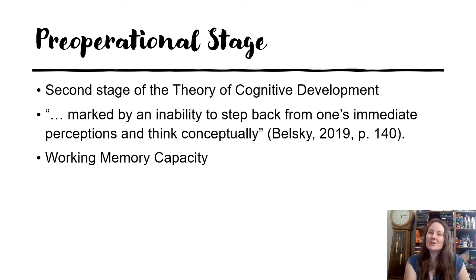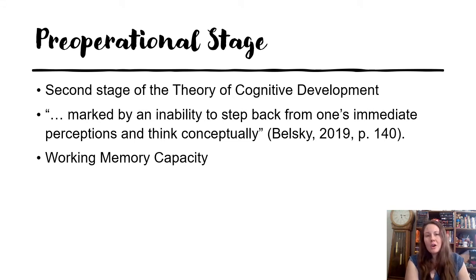So typically adults, at least in the United States, have about 7 slots in their working memory, plus or minus 2. So the typical working memory has about 5 to 9 slots or bins for them to put information into.